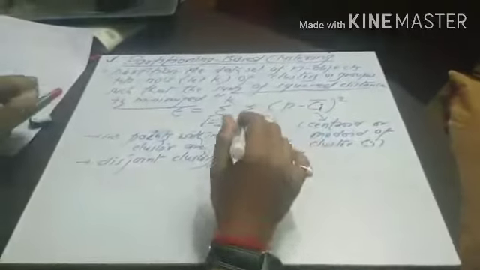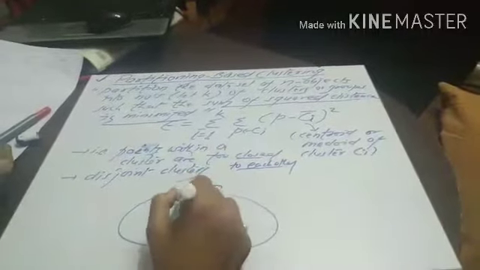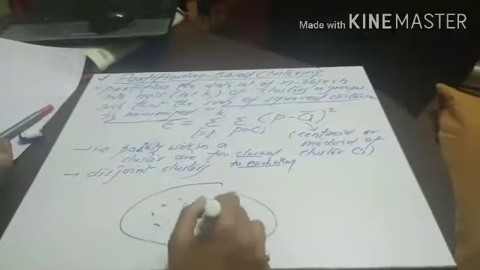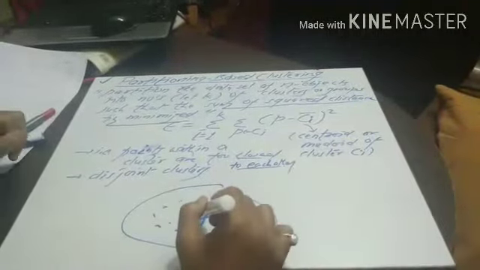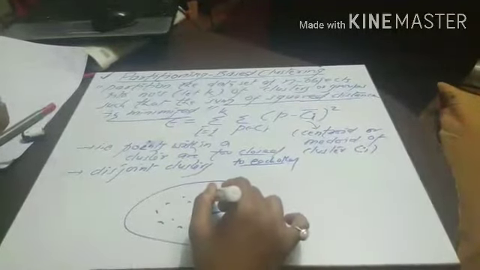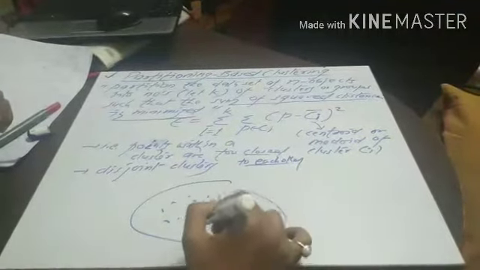That means suppose there is a cluster and some points are there. Then the mean point, called the centroid, and the distance between each point and the centroid of the cluster is minimum.